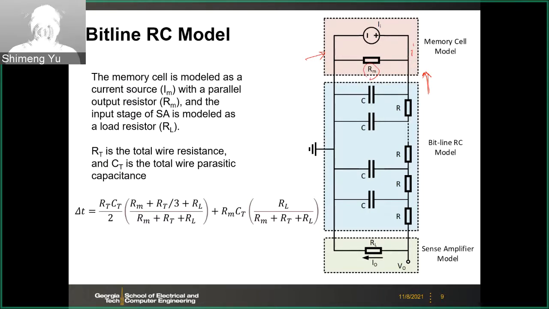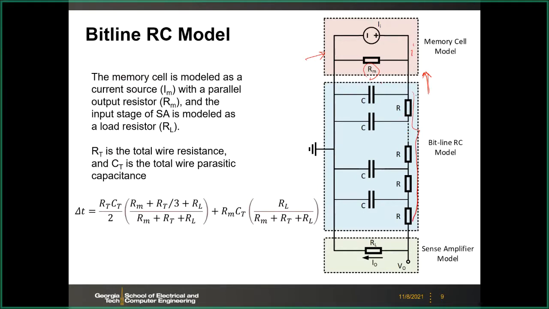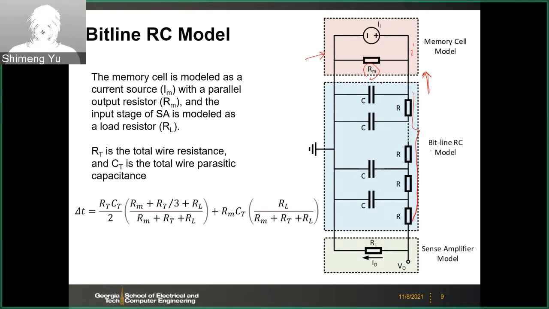And then this is your bitline. If you want to model it correctly, because the bitline is long, you have to use a distributed RC network. It's more like a transmission line, if you recall your circuit theory. So you have those segments of RC. R is your wire resistance, and C is your parasitic capacitance per segment of the wire.